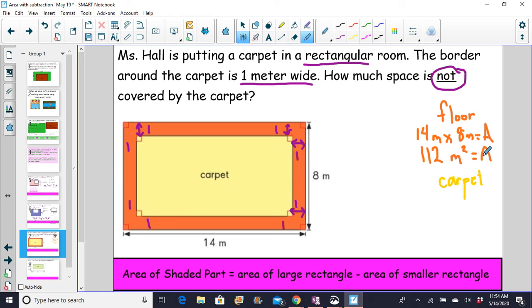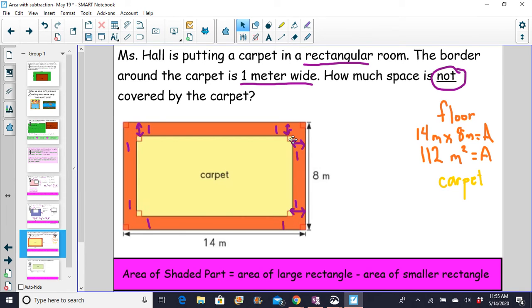Next, we need to find the area of the carpet, but there's no measurements labeled on the carpet. So what do I know? I know in the problem that I was told that there was a 1 meter border going all the way around.